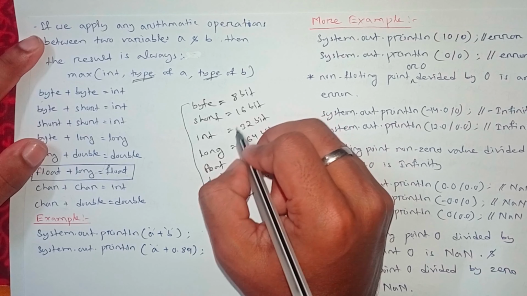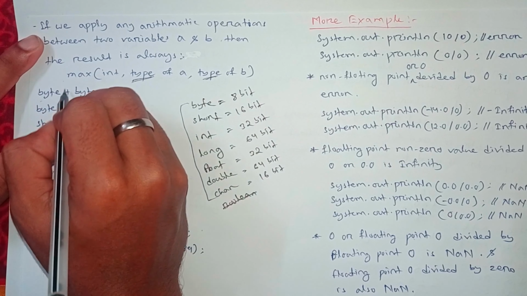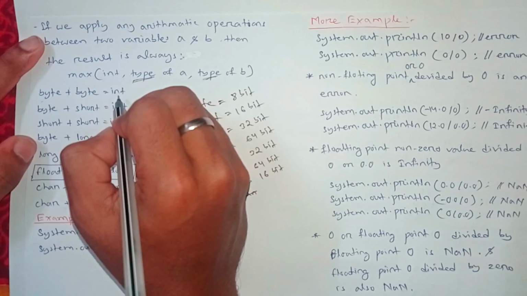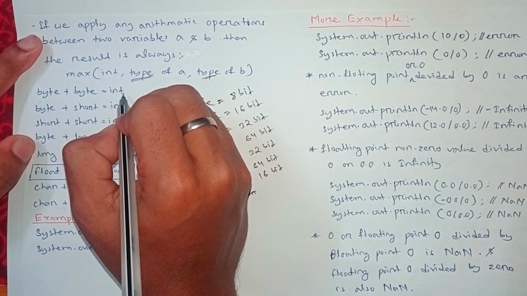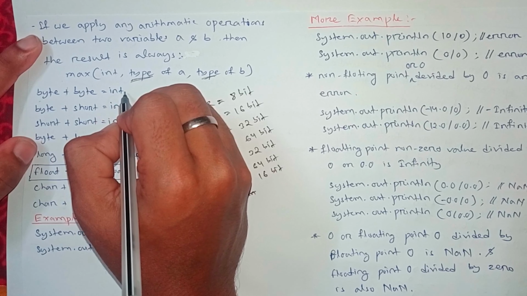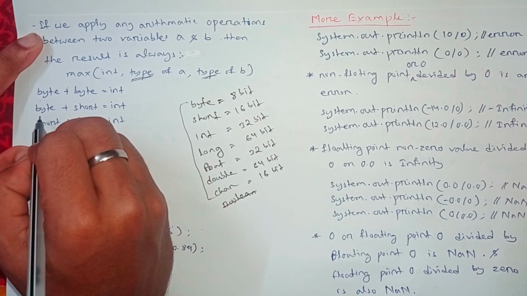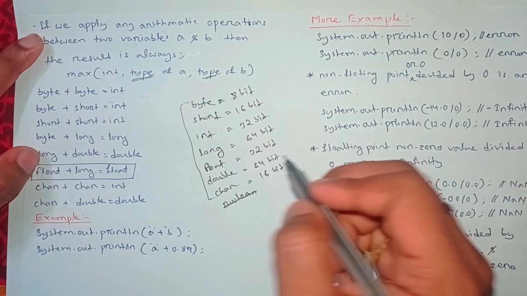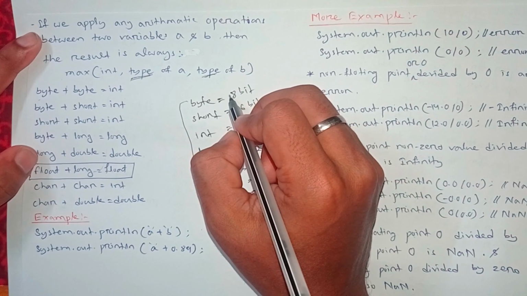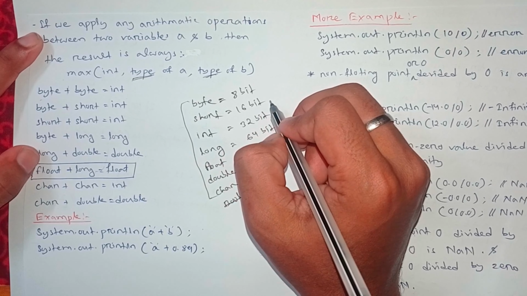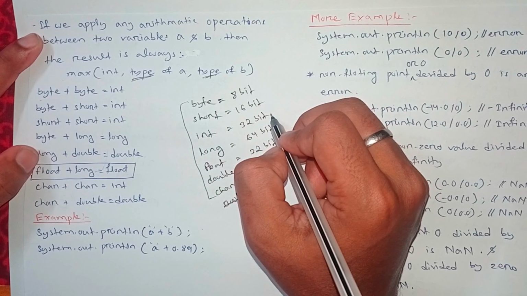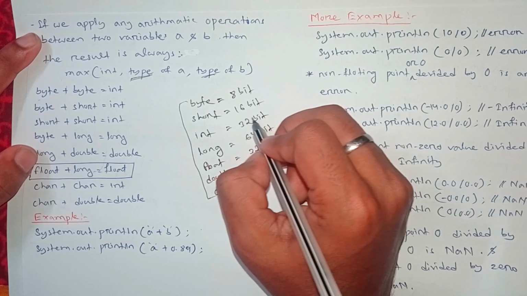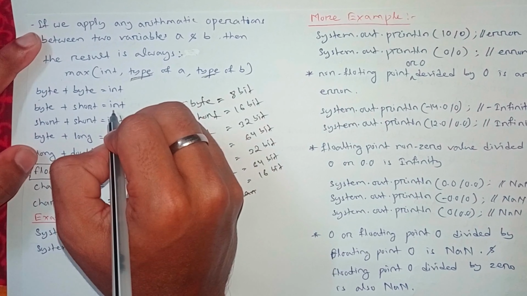So maximum is 32 bit. If we add byte plus byte, then we get the output int. Like this, byte plus short equal to int, because byte is 8 bit, short is 16 bit and integer is 32 bit. So highest is 32 bit, so our output is int.